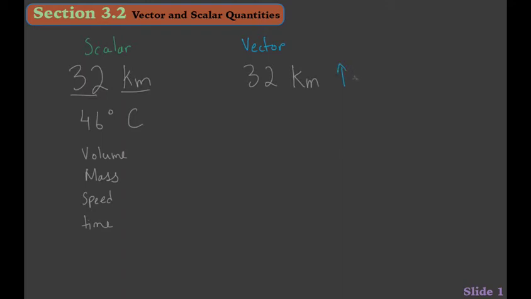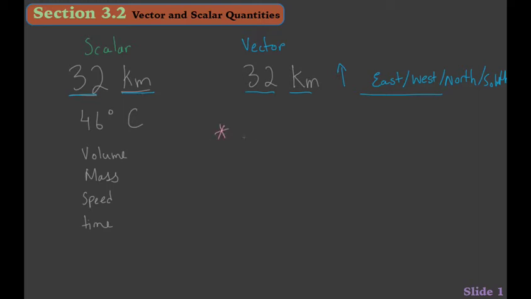It could be up or it could be east, west, north, south, or any other direction. So a vector is essentially a number with a unit and a direction, whereas a scalar is essentially a number with just a unit.